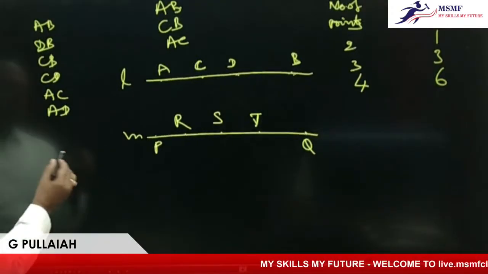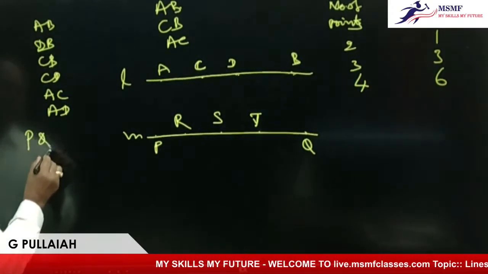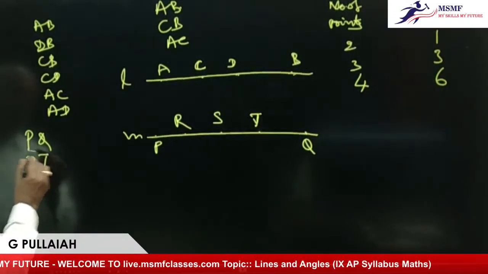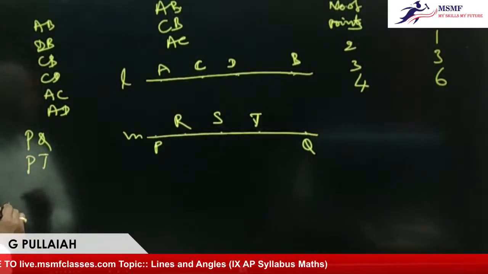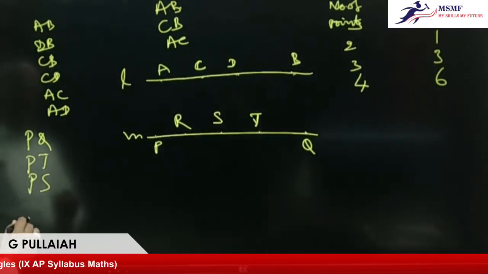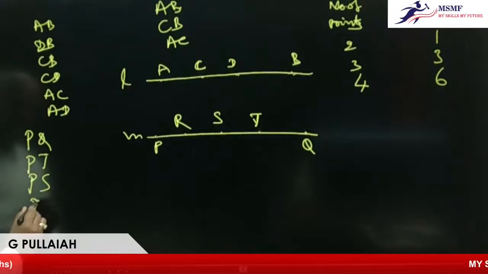The first one is PQ. The second one you can take is PT, the third is PS, and the fourth is PR.